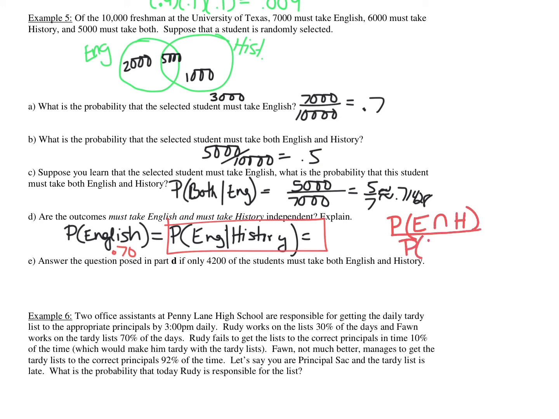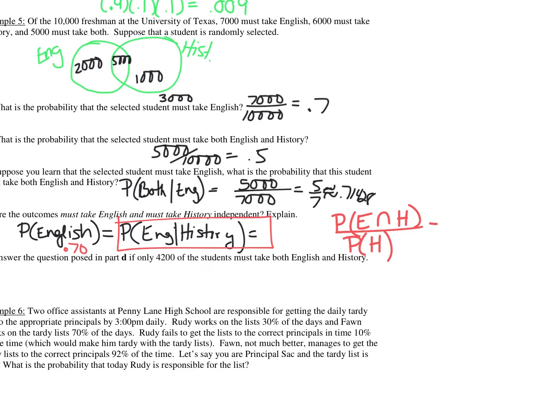Now, the probability of English given that they take history is equal to the probability of the intersection of the two, so English with history, over the probability of history. So the intersection of the two, raw counts is 5,000 students divided by 6,000. So that's 5/6, which is not equal to 0.7. So probability of English equals 0.7.